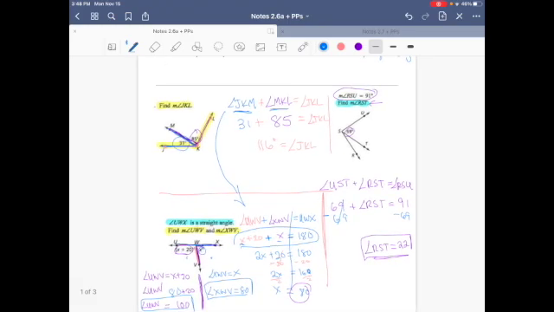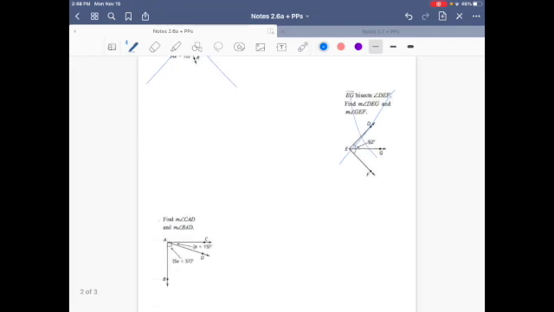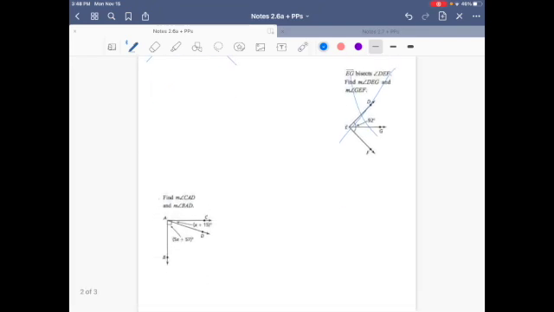So I want you to skip these two, and let's just try this last one. We know that this is a 90-degree angle, right?